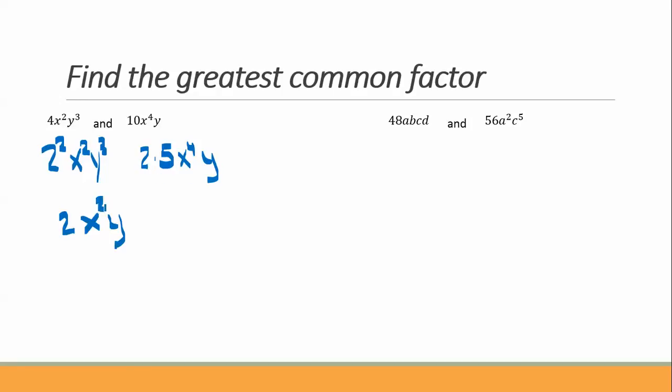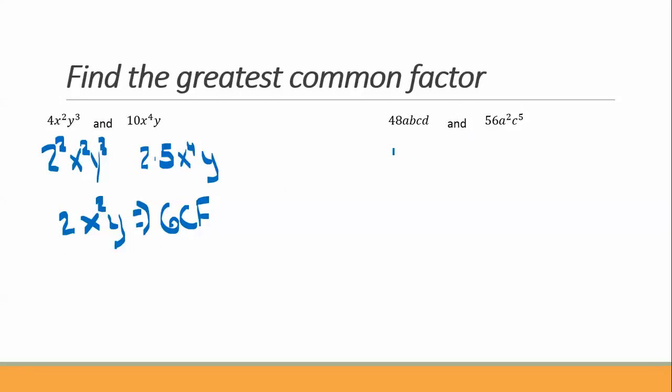And then the exponent on the y cubed is 3 and the y is 1. So here's our greatest common factor. Our greatest common factor of 4x squared y cubed and 10x to the fourth y is 2x squared y.